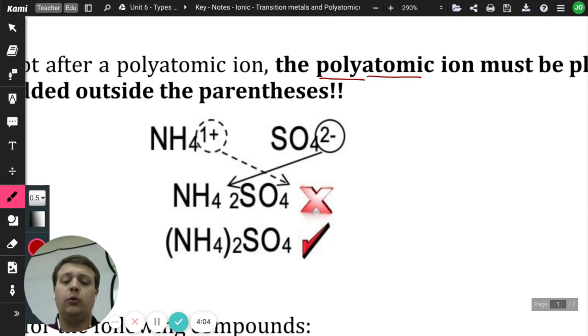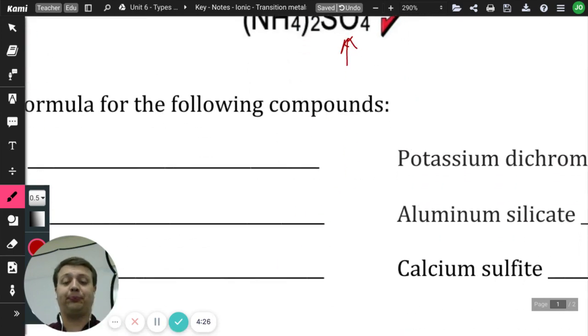I drop them down low. Remember, anytime we've got a 1, the 1 just goes away. And then I reduce. Now, again, this is not right because we added this number over here. So we do need to make sure that that subscript is going to be outside of the parentheses for the polyatomic ion. Okay, so then this again would be our correct formula.